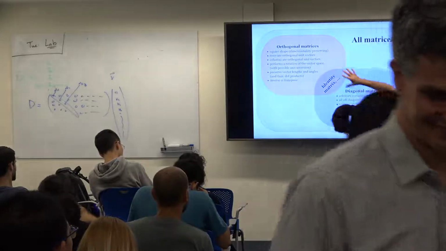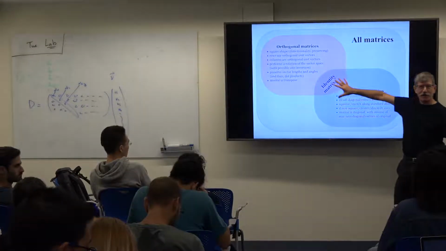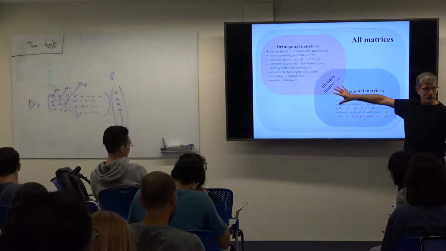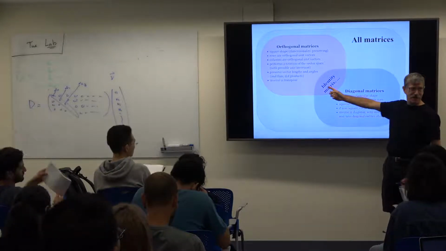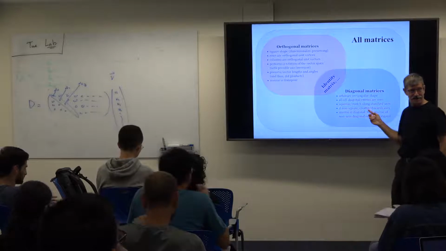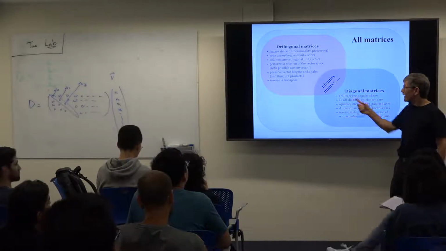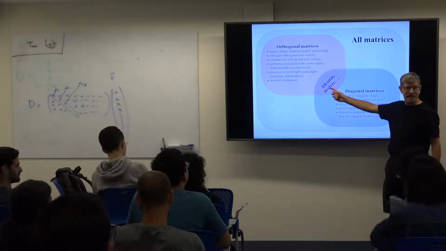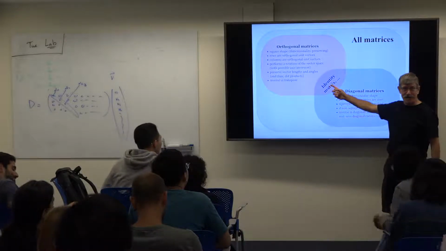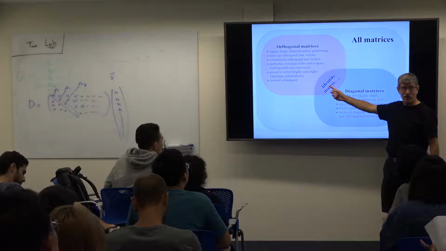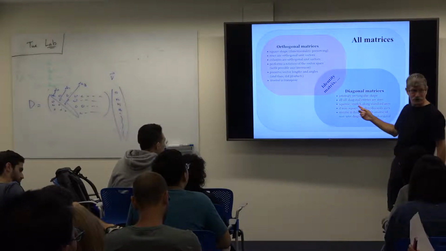We're talking about diagonals, we're talking about orthogonals. This picture here is meant to be a Venn diagram. You'll notice that the identity matrix, among others, is sitting in the intersection of this stuff and this stuff, right? Because the identity matrix doesn't have any non-zero stuff off the diagonal. I've just introduced what a diagonal matrix is. So the identity matrix is certainly an example of a diagonal matrix.